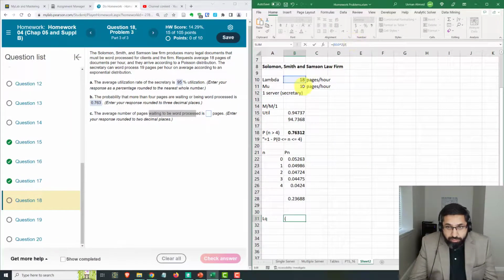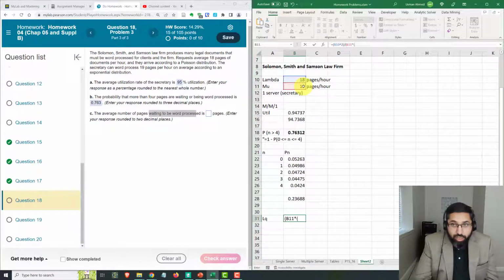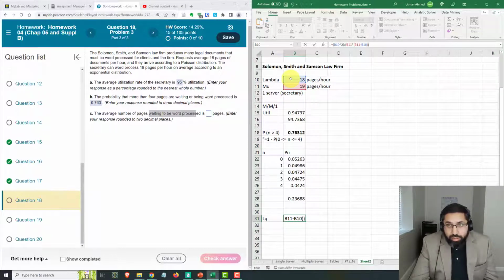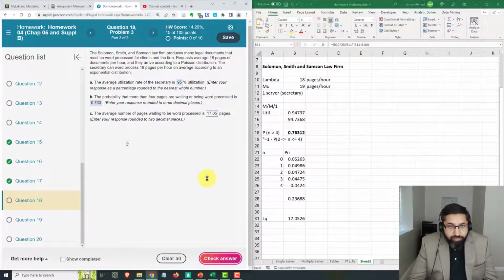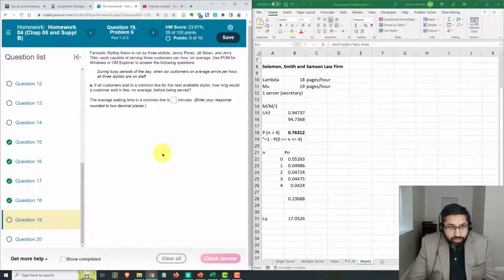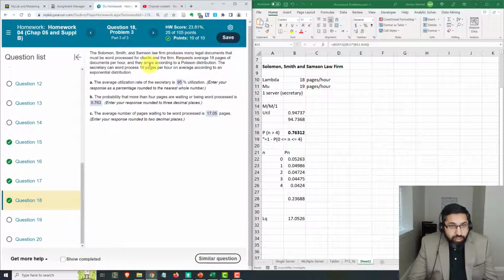So we're going to take mu times mu minus lambda, and that becomes 17.05, and you round to 2 decimal places. So we have 17.05 pages waiting. And that was it for this question.